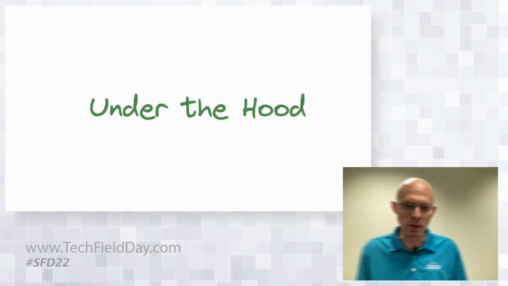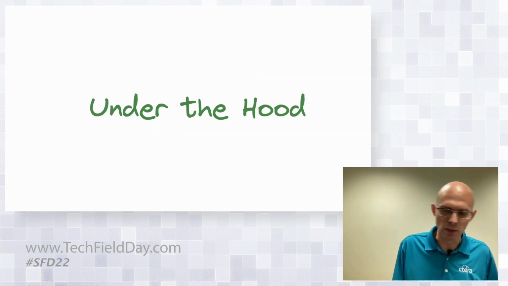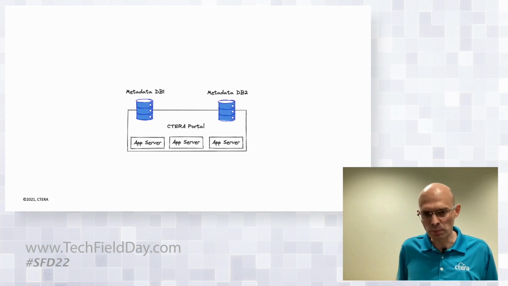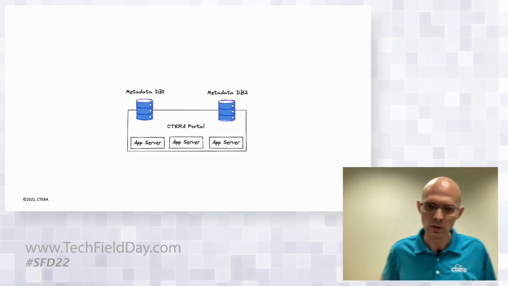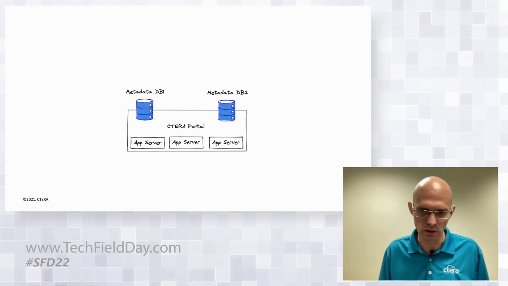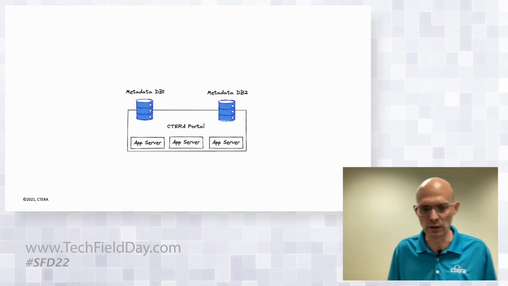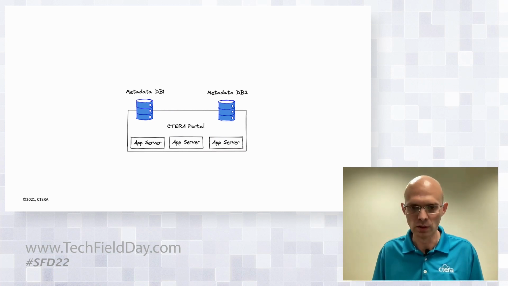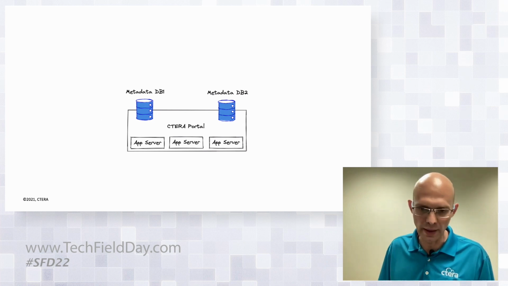Now, let's talk a bit about under the hood, getting to your question about the direct protocol. How does it work? So we have the portal. The portal is this orchestration system in the cloud. It's private to your company. Typically, it's not something that's shared with other CTERA customers, and it consists of multiple application servers.